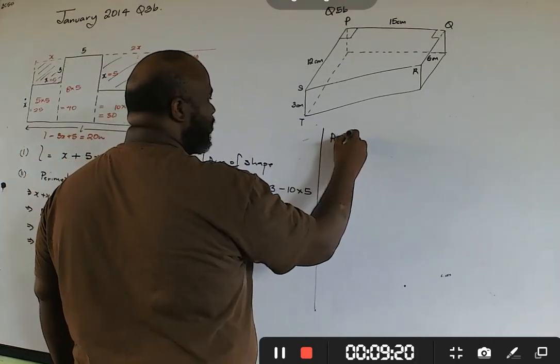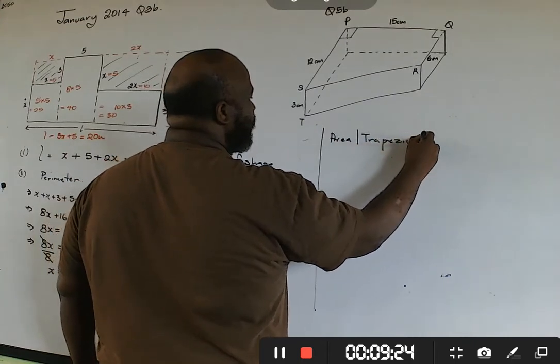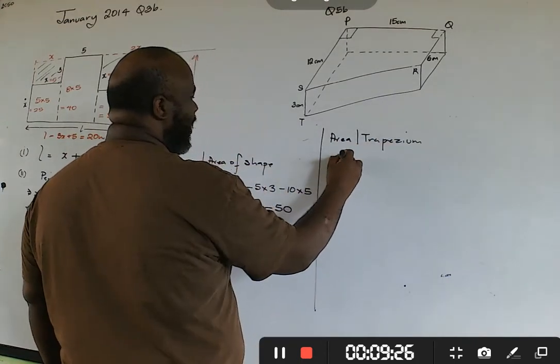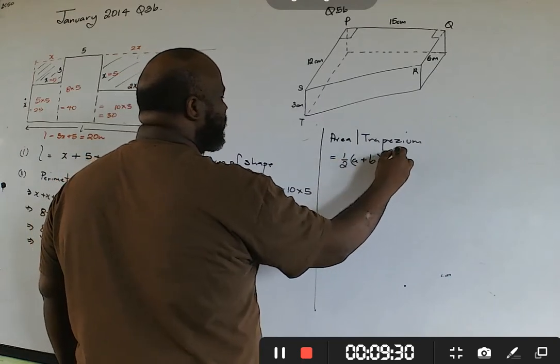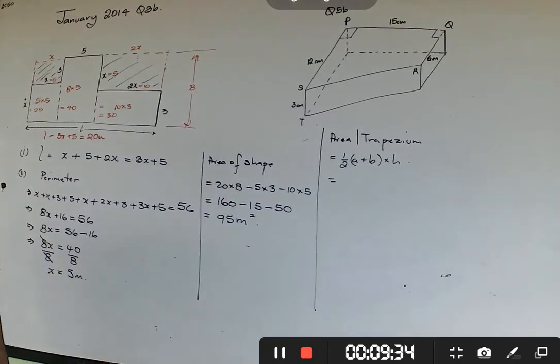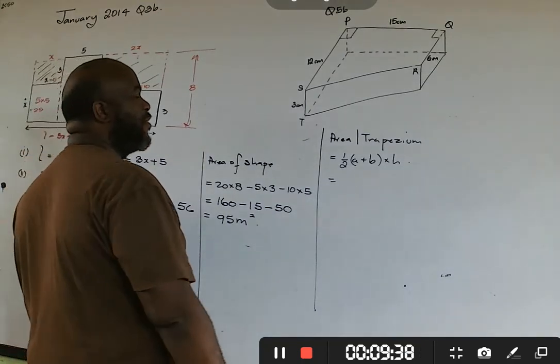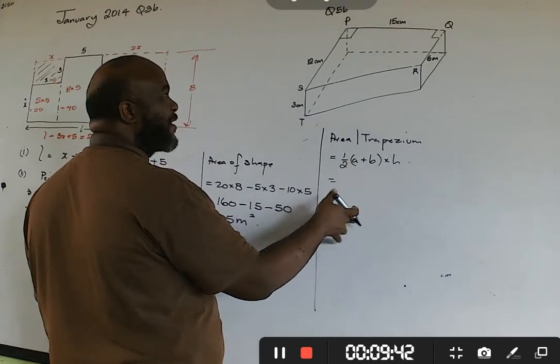Area of the trapezium is equal to what? A half, A plus B, times H. A and B are the two parallel sides. They tell us what the parallel sides are. What are the lengths of the parallel sides? You tell me.